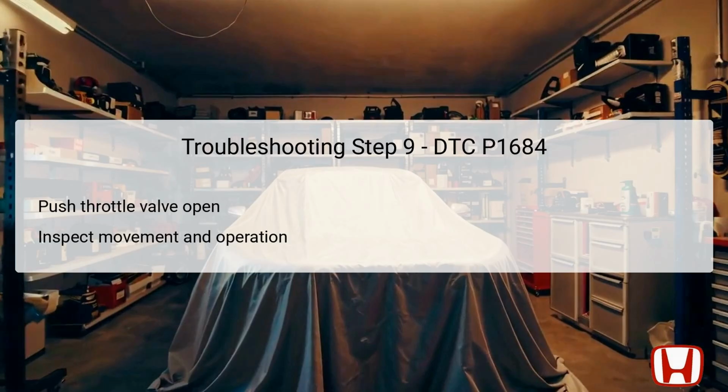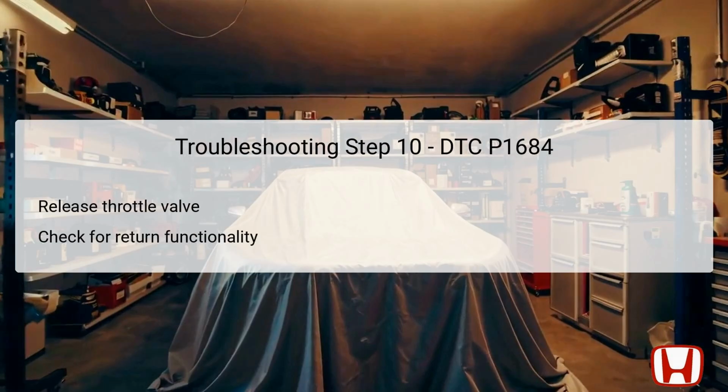Additionally, it's important to check for any blockages or obstructions that may hinder the valve's operation. This step provides significant insights into the overall condition of the throttle body and its components. If the valve does not function normally during this check, it raises further concerns about mechanical failure inside the throttle body assembly, which must be addressed in the following steps of troubleshooting.